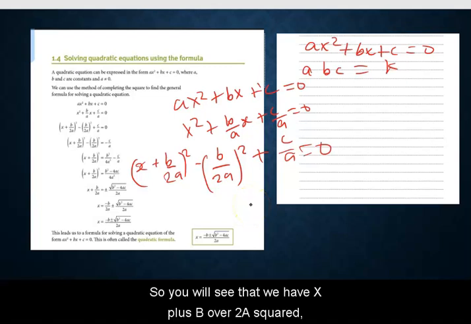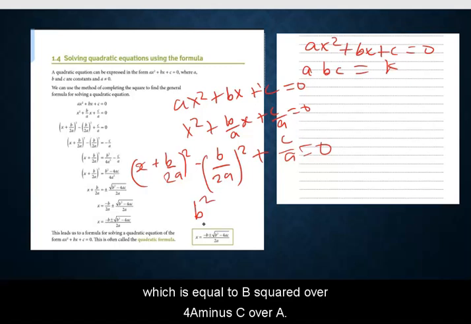So you will see that we have x plus b over 2a squared, which is equal to b squared over 4a squared minus c over a.